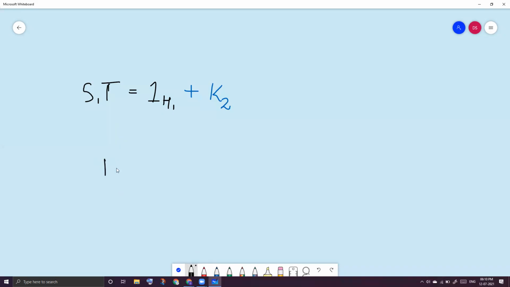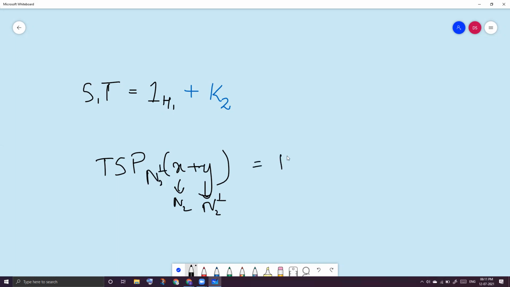If I apply this to some h plus y, with h in N2 and y in N2 perp, this is T S0 y.